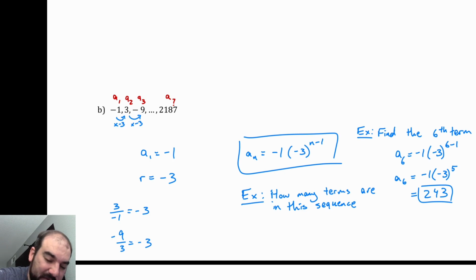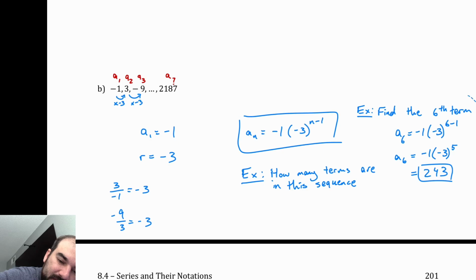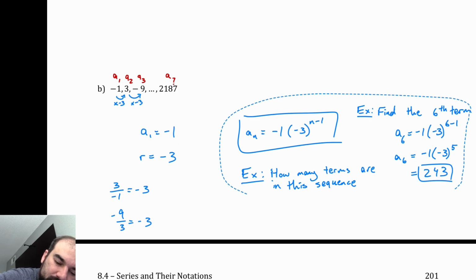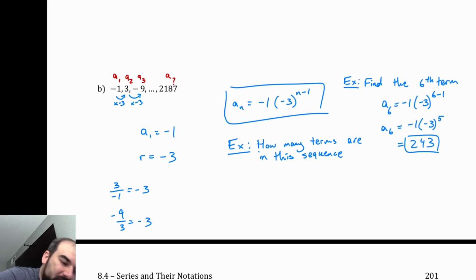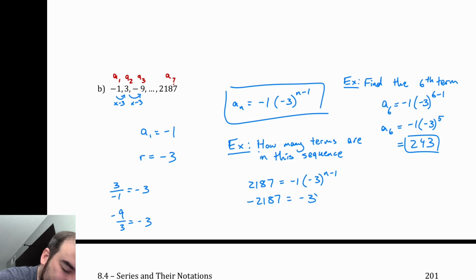So we can take that 2187 and set it equal to our formula, -1 times -3 to the n minus 1, and solve for n. And n will be the index of this term. So divide both sides by -1, so negative 2187 equals -3 to the n minus 1.